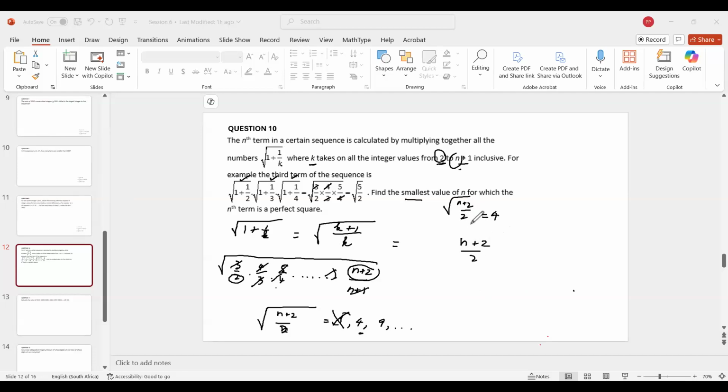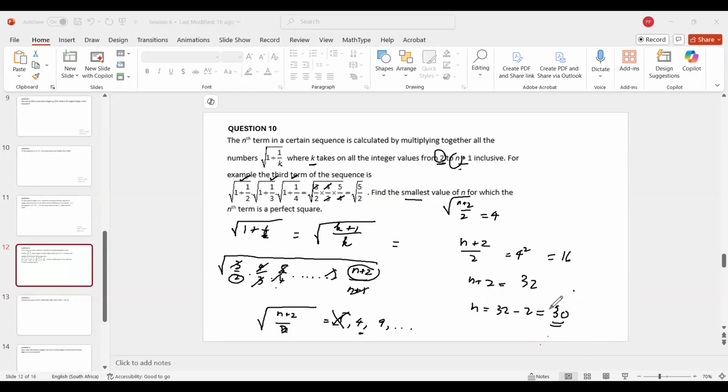If you square it, you get 4 squared. The square root of some number is 4, that number must be 16. So this is how you get 16 here. Now you can solve for n. n plus 2 is equal to 16 times 2, which is 32. So n is equal to 32 minus 2. Take it to the other side. So n is 30. So the answer to the problem is 30.